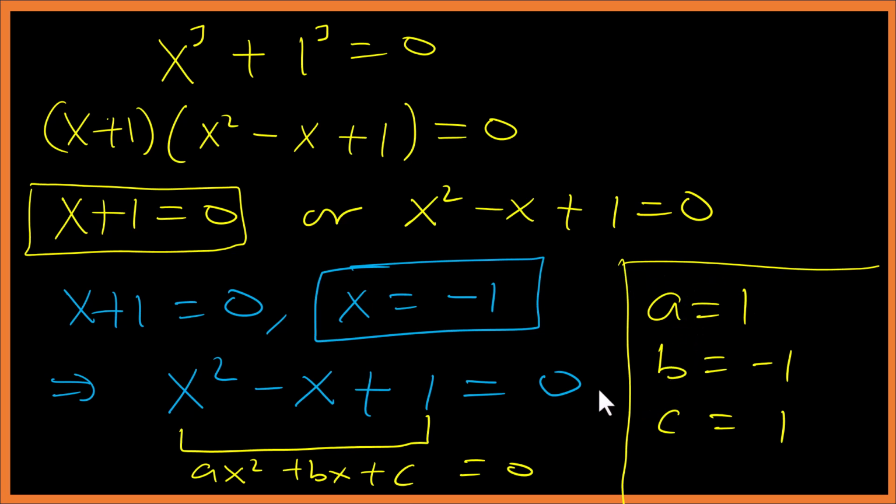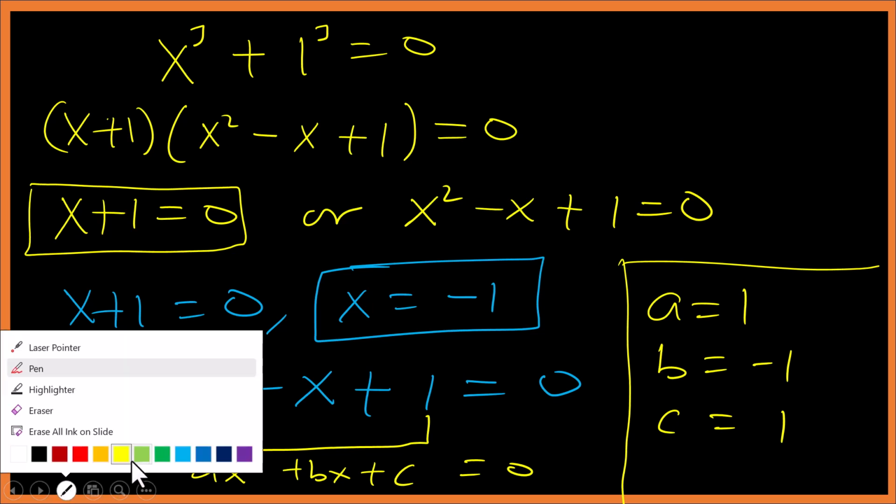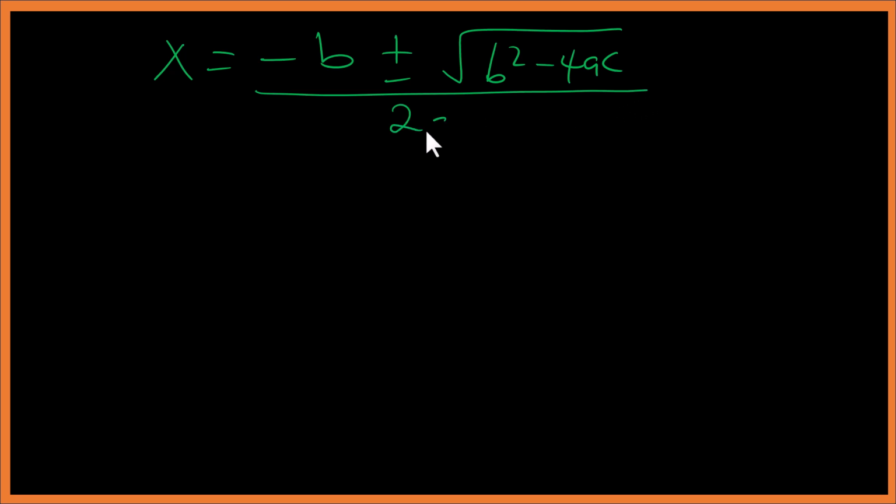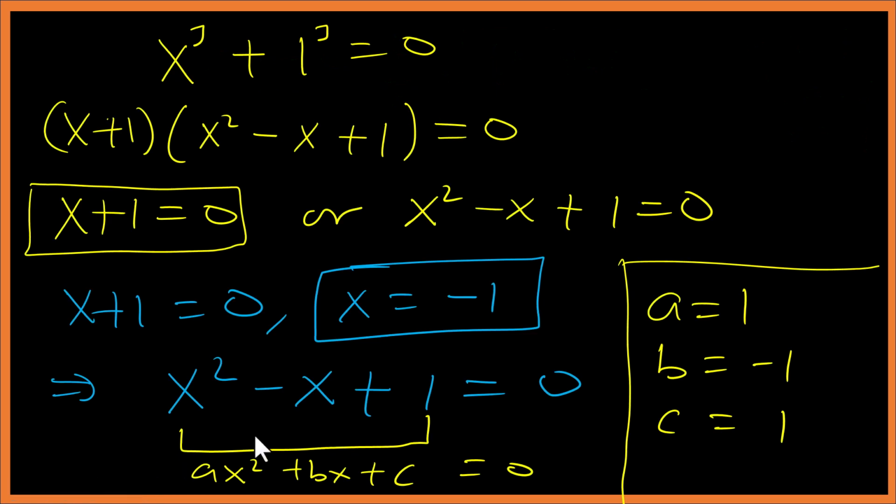Knowing a, b, and c, we can proceed with the general quadratic formula: x equals minus b plus or minus the square root of b squared minus 4ac, on 2a.